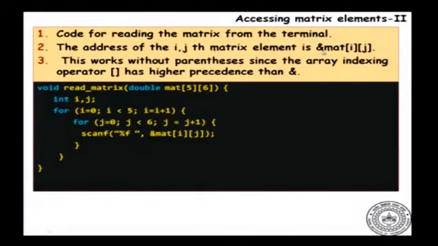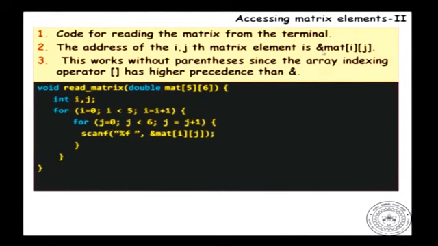Let us look at the code, and the code looks exactly like the print routine, except that we are now scanning a number. You have an outer loop which will go through all the rows, and then an inner loop which will go through the columns of the ith row. And how do you scan? You say scanf("%f", &mat[i][j]). Remember, if it was just a double variable instead of an array, you would have just said & of the variable name.